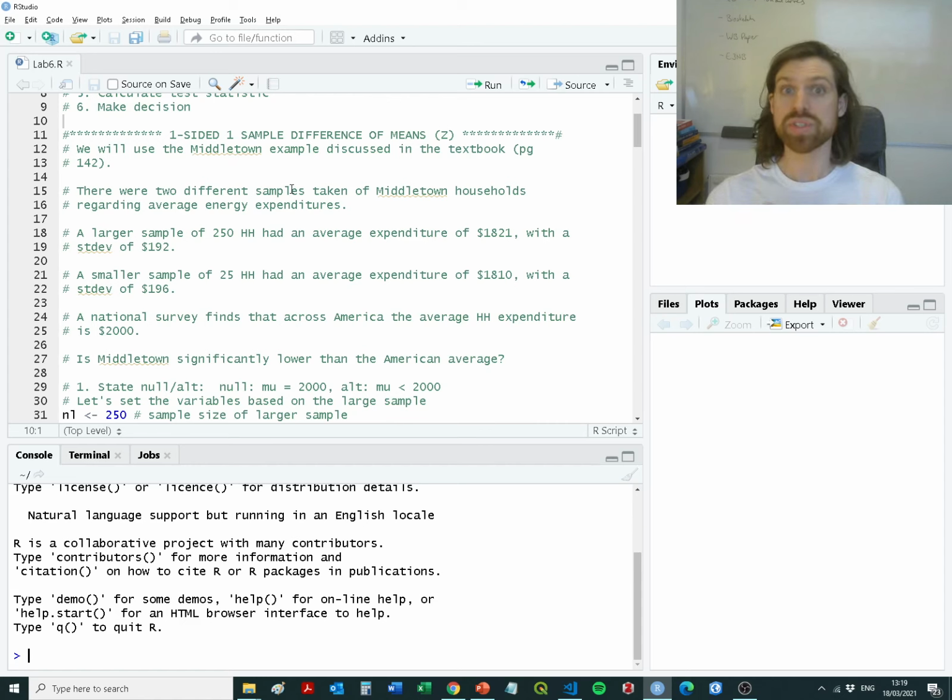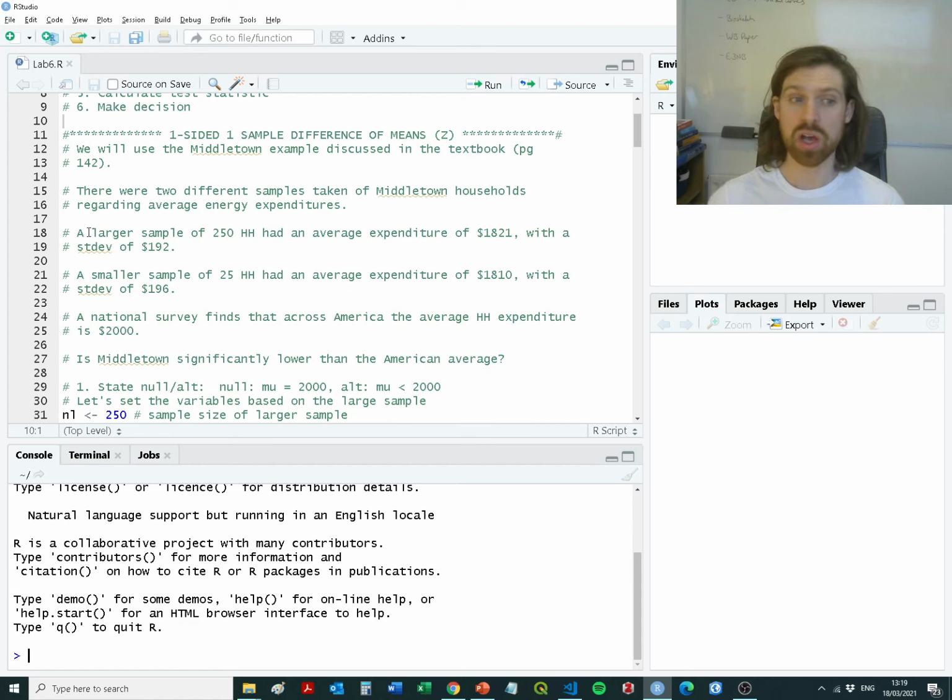Essentially, we've got 2 different samples, and they're both taken for this fictional Middletown case. So we've got households, and it's regarding their average energy expenditures. Okay, so the amount that people actually spend on energy annually. We have 2 different samples.